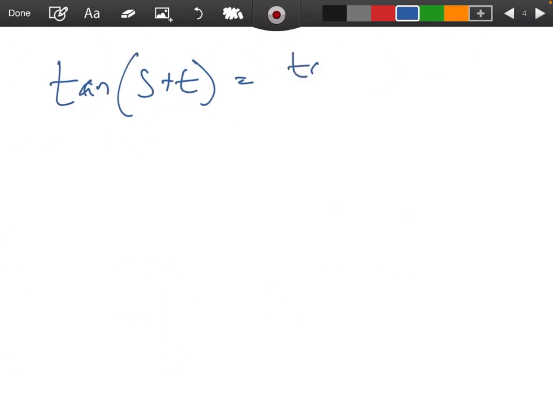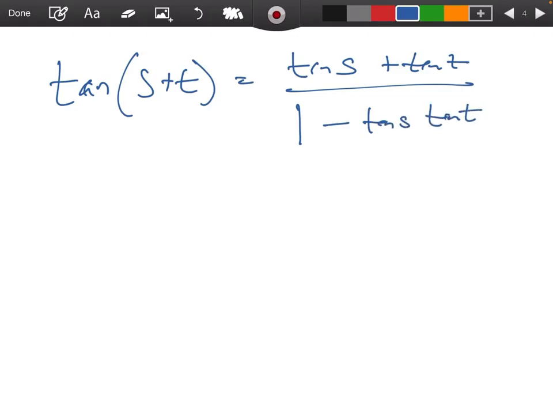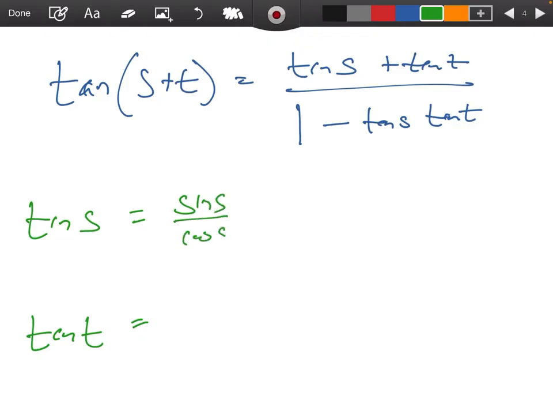So tangent of s plus t is tan s plus tan t over 1 minus tan s tan t. What I want to do now is find two values: the tangent of s and the tangent of t. So remember, tangent is sine over cosine. Let's see if we can find these values.